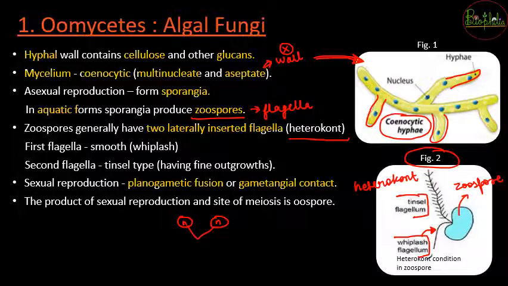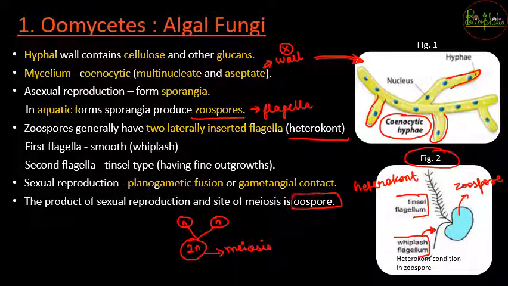When they fuse, that is going to give you a diploid state. Now this diploid state is going to be different from the original parent body, so meiosis is necessary there. Whenever that meiosis occurs, that site is going to be the oospore. So this oospore is what classifies a fungus into Oomycetes. Any fungus that forms an oospore will come under the Oomycetes group.